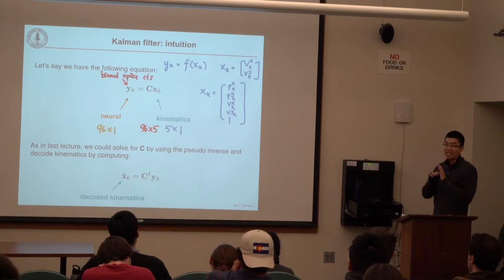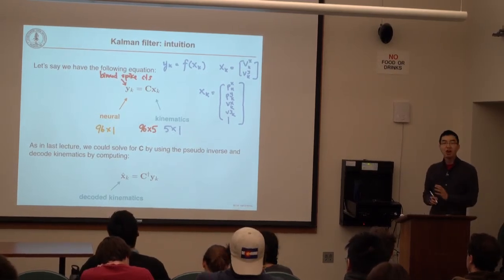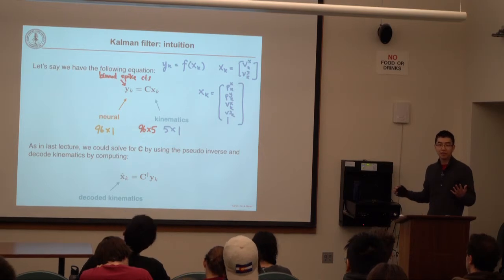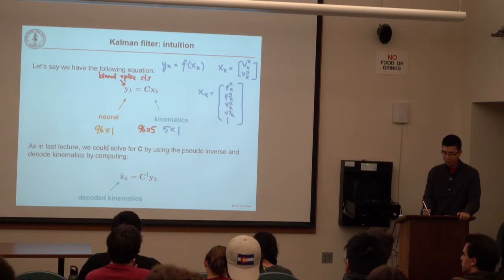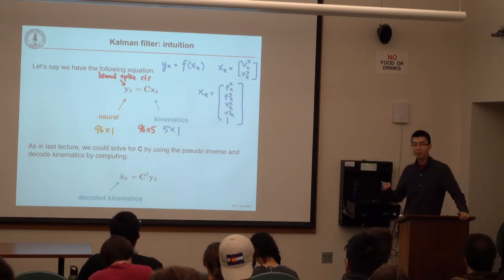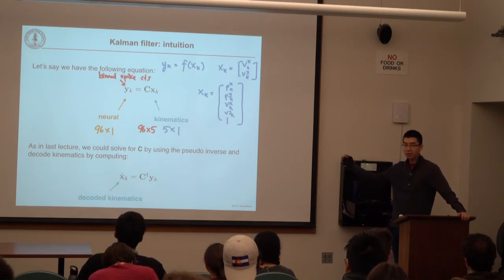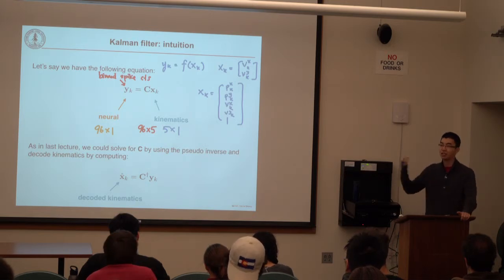So as in last lecture, given only this equation, we know how we might decode from it. We have an equation that relates the kinematics to the neural data, and we know what that mapping is. That mapping is C. So now if we want to take the neural data and decode the kinematics, all we have to do is invert C. C is not invertible, so we're going to use our trick that we learned in last lecture of just using the pseudo-inverse.